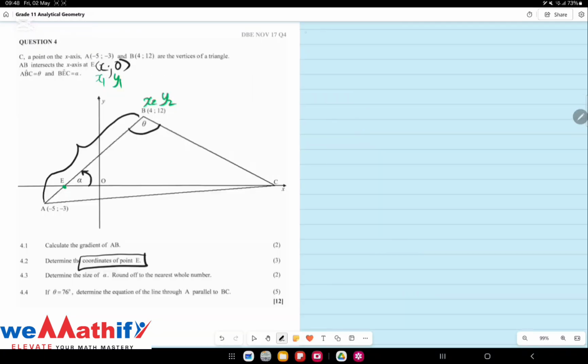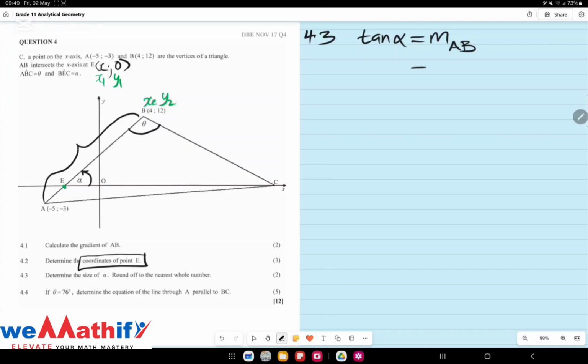Question 4.3. Determine the size of alpha and round off to the nearest whole number. So like we said earlier, alpha is an angle of inclination because it is measured anti-clockwise from the x-axis. And for angle of inclination, we use the formula, and the gradient that we're going to use is obviously the gradient of AB because alpha is the angle of inclination of the line AB.